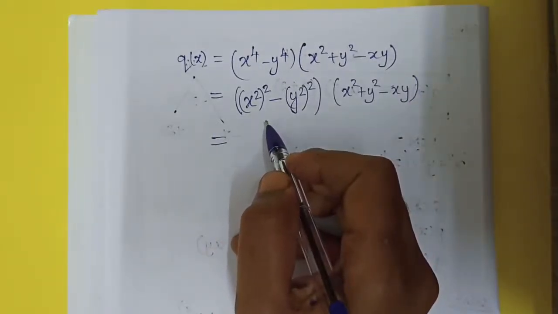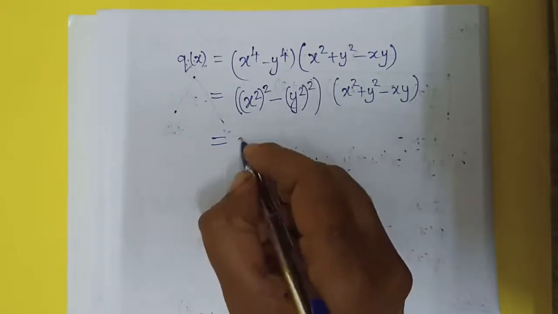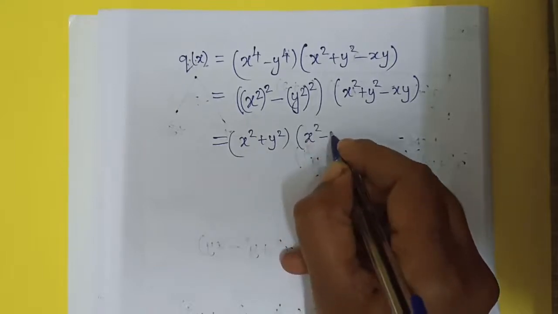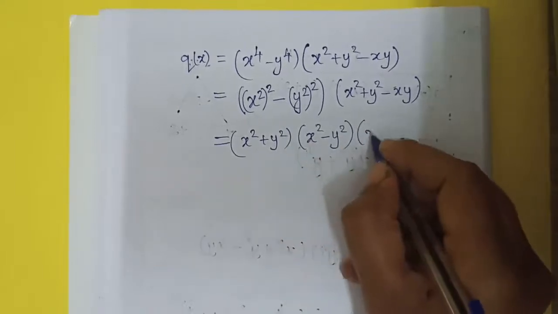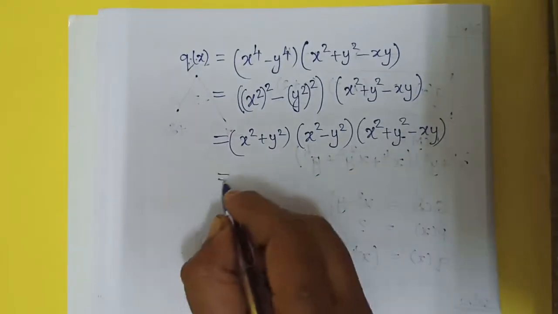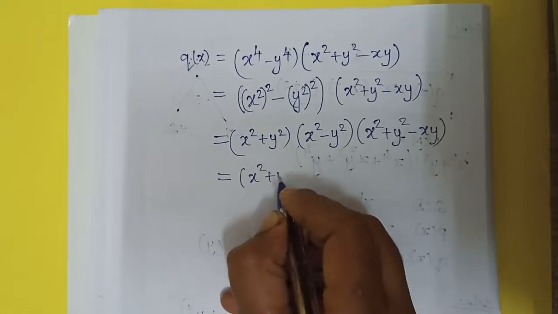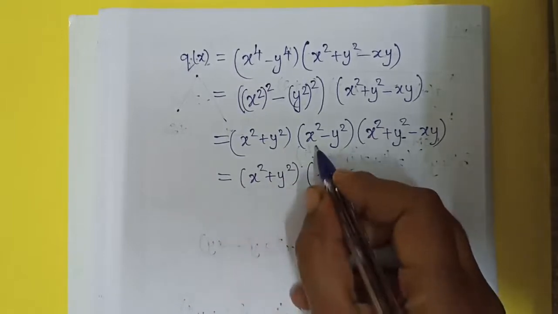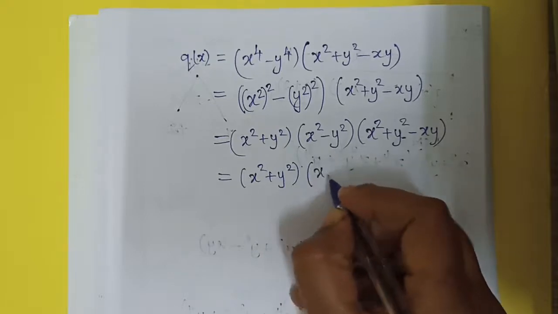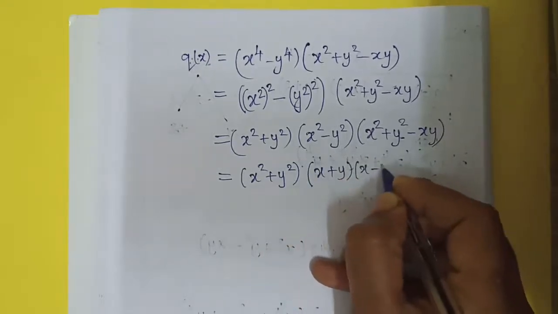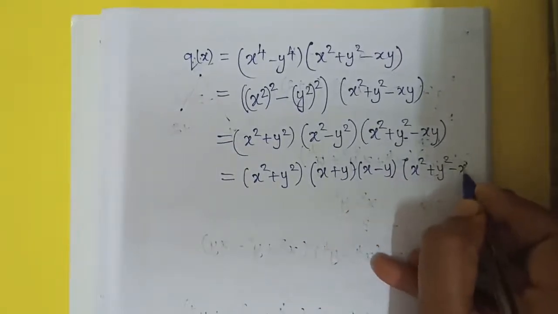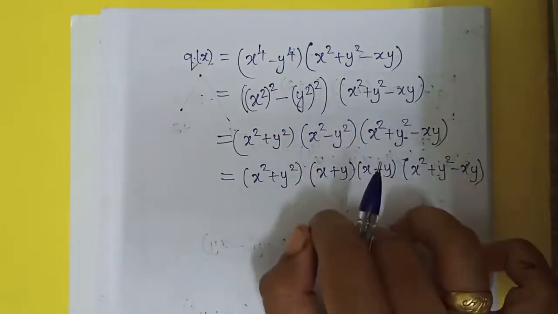The same identity, a² − b² = (a + b)(a − b). So (x² + y²)(x² − y²)(x² + y² − xy), and again we can apply the identity a² − b² = (a + b)(a − b) to x² − y². So q(x) also we got.